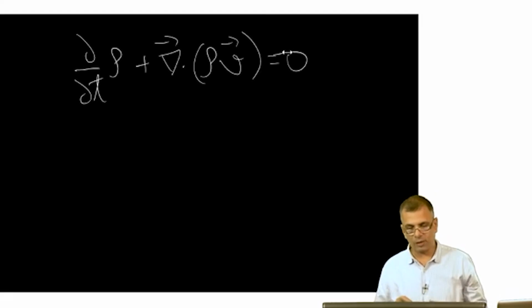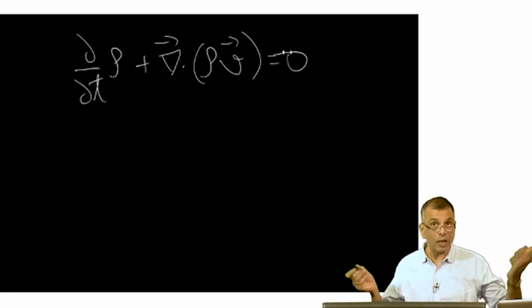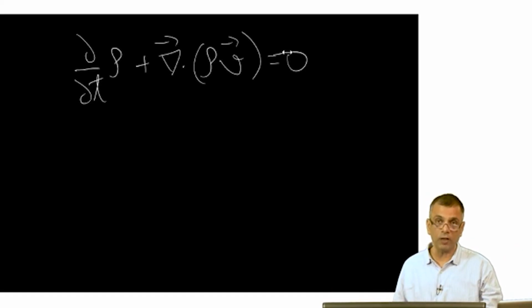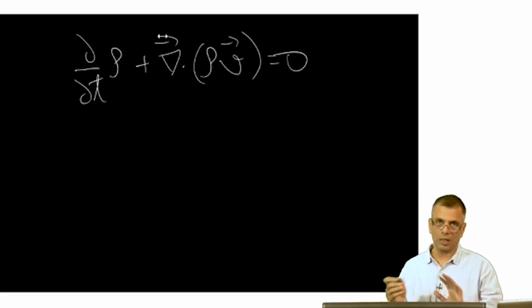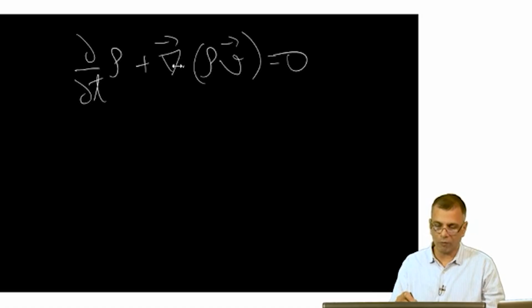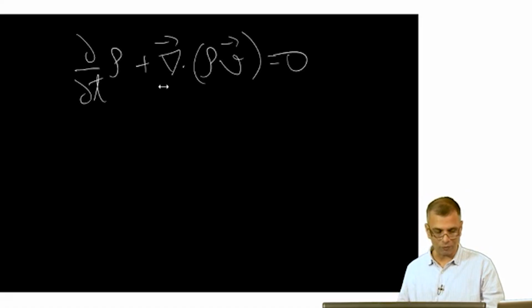This is how it's written in general, in a coordinate system free manner, where the divergence operator assumes an appropriate form in the appropriate coordinate system. For instance, in a Cartesian coordinate system, this would be just x hat d over dx, y hat d over dy, and so on and so forth.